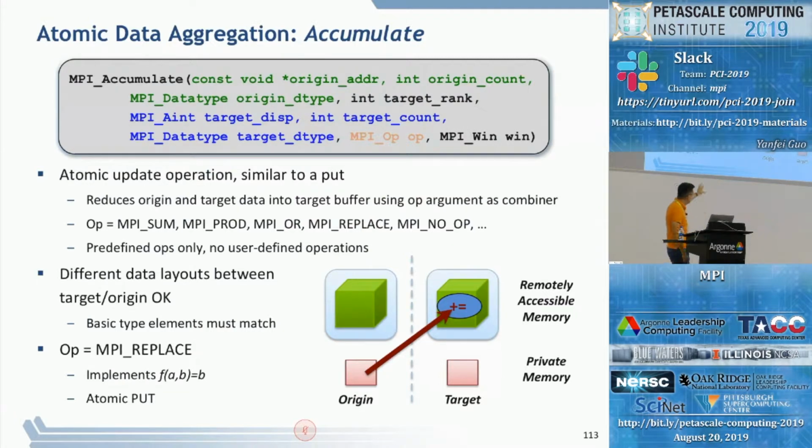Basically, I'm not doing any calculation, I'm just taking the origin data and overriding the target buffer. So in effect you are doing a put, but atomically due to the accumulate semantics.